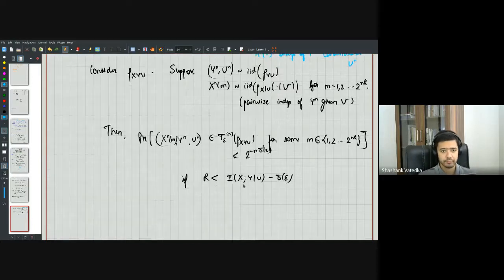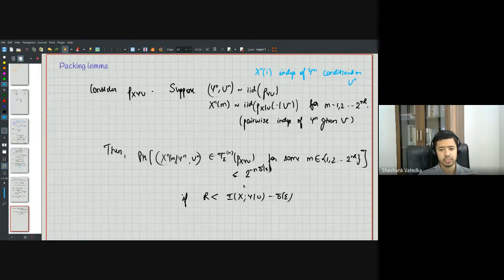In the context of this channel coding theorem, you're generating all the other code words independent of the first code word, and the received sequence depends only on the first code word. So as long as there are not too many other code words, they're not going to be jointly typical with respect to y^n with high probability.